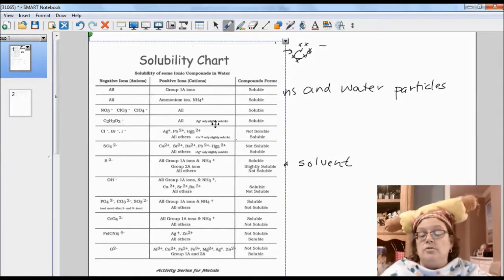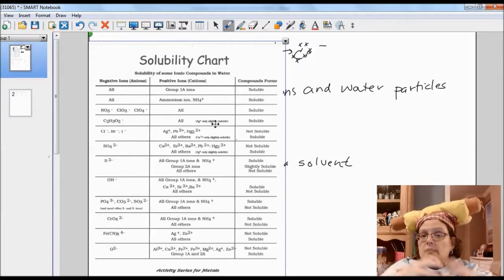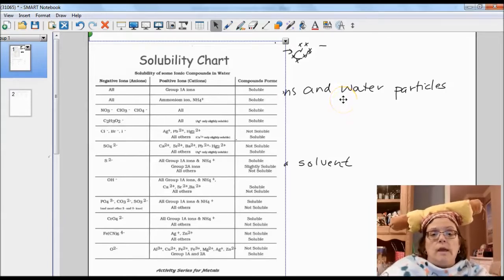Now, how do you read this? If a substance is going to dissociate in water, if it's going to be soluble in water, what that means is those water molecules will come in and surround the cations and anions and pull them apart. But how do we know? Well, we have this handy-dandy chart.